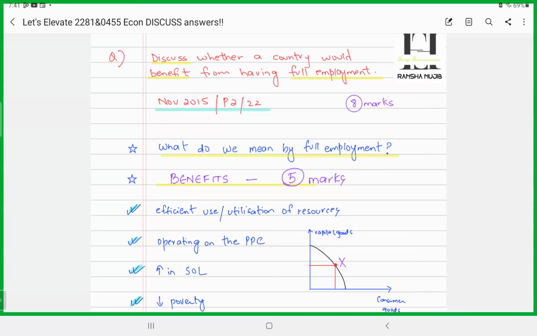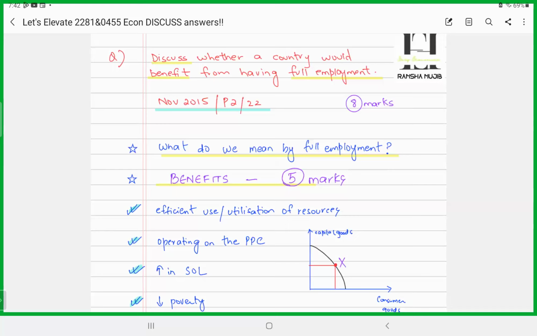Now, whenever you've got a discuss question, the key to answering such questions is to brainstorm, list down or jot down the main key points regarding both the sides, and then develop that cause and effect relationship, develop that chain analysis, and then write a well-balanced argument, convincing the examiner and qualifying yourself for that level 3 band of answer. That means we need to target ourselves to get up to that level 3, in which we are able to attain 6 to 8 marks.